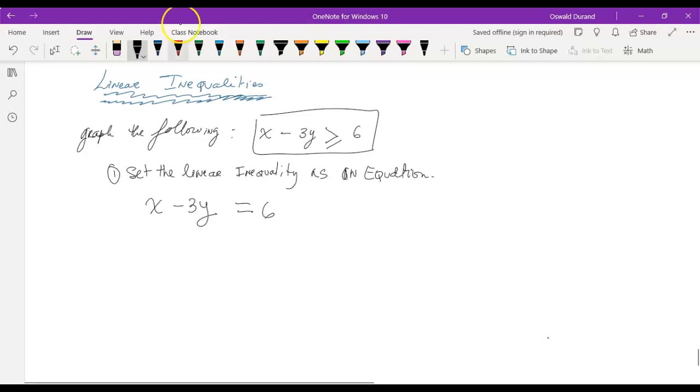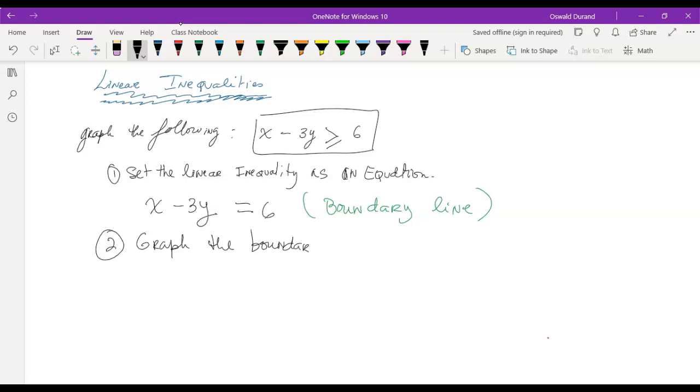Now this linear equation is called the boundary line. When we start graphing, you'll understand why it's the boundary line. Once we find the boundary line, we want to graph it.